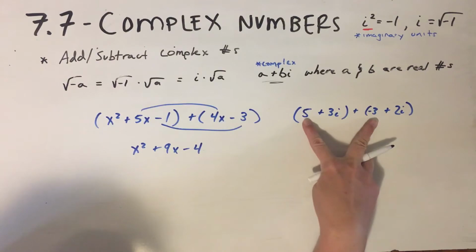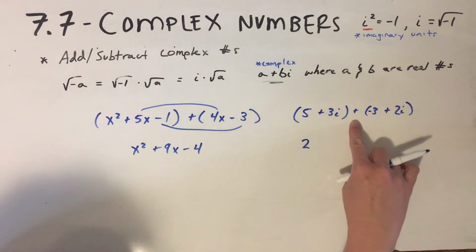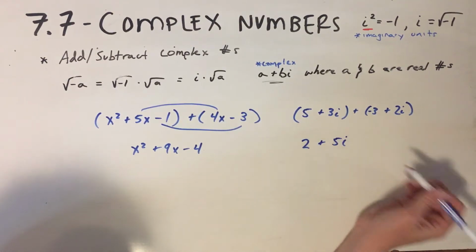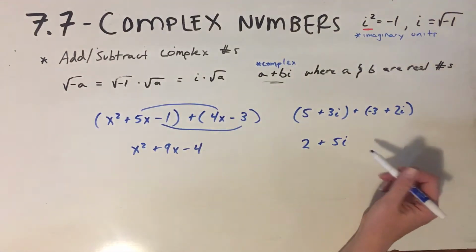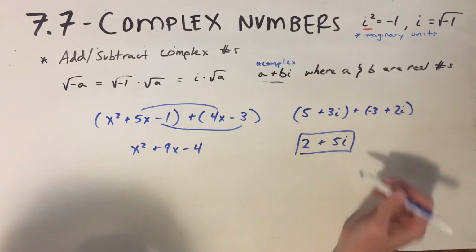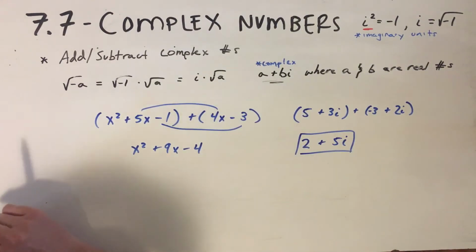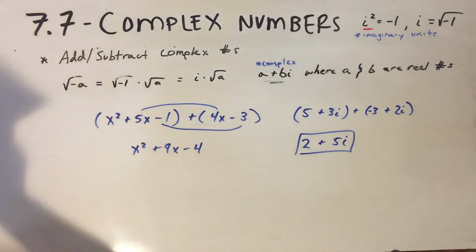So 5 plus a negative 3 is going to be 2. And 3i plus 2i is going to give me 5i. When I combine these, I combine their coefficients. 3 plus 2 is 5. I'm still talking about i. So this is the simplified form. That's literally adding. Pretty simple concept here, and one that you are super familiar with at this point.